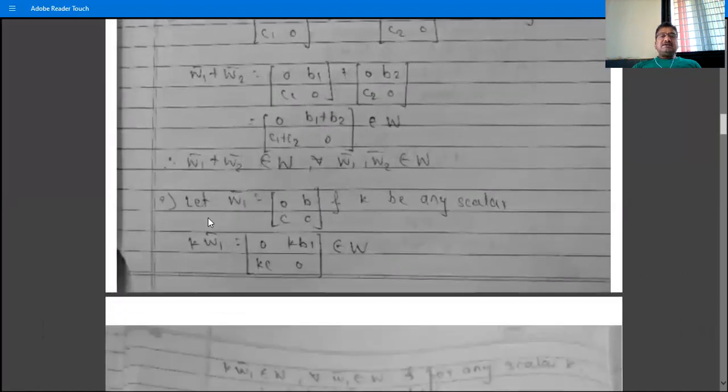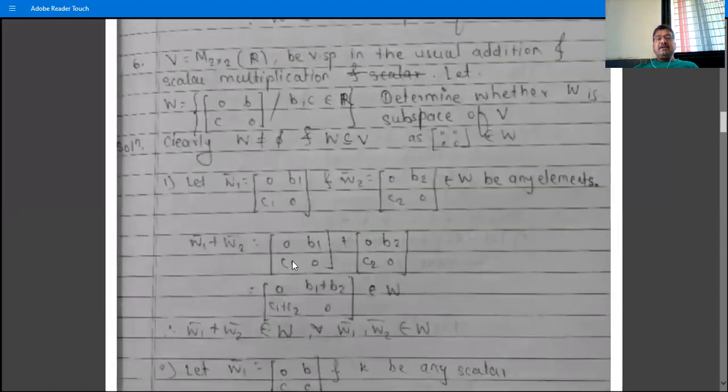Now the second condition. We take one element of this W. Suppose W1 is equal to [0, B; C, 0], and K be any scalar. Then what is K times W1? We use scalar multiplication, that is, multiply K by each element.